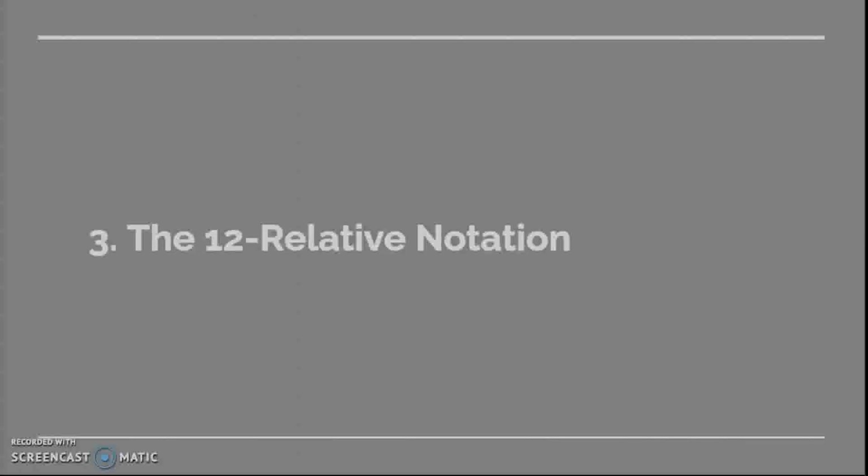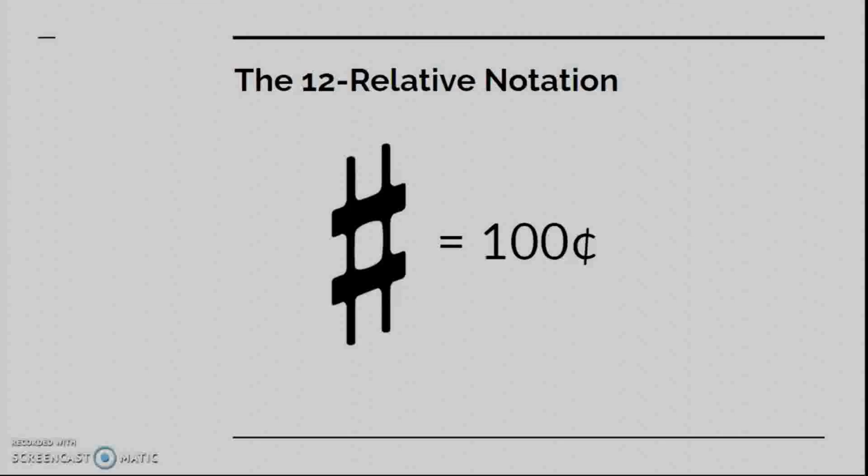Alright, now that you understand the concept of capture zones, we're ready to introduce a new sagittal notation which uses them in a different way, the 12 relative notation. This notation is called 12 relative because it is relative to a chain of 12 EDO fifths, rather than pure Pythagorean 2 to 3 fifths like the GI notation is.